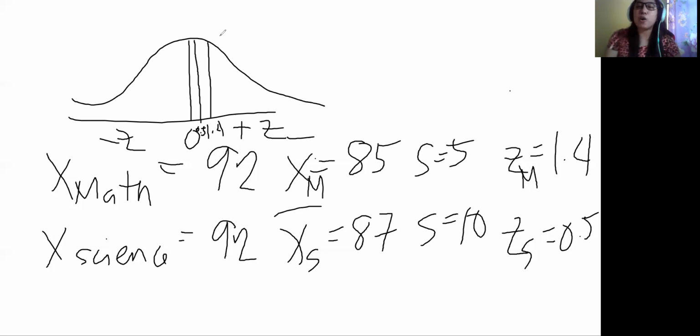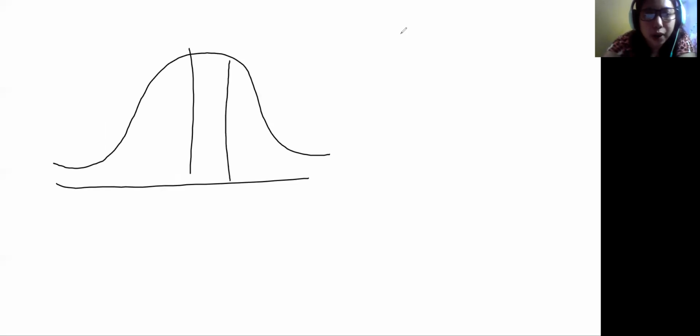And what is the meaning of this score? It means that 92 is 1.4 standard deviations away from the mean. Let us clear. Next, let's go back to our 1.4.